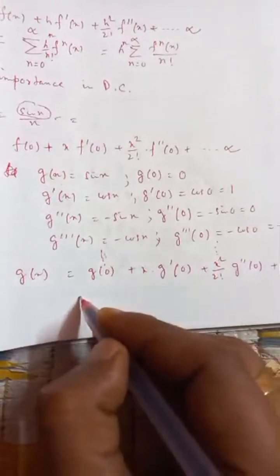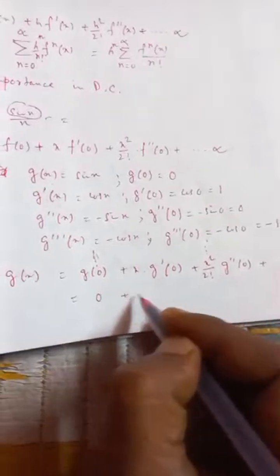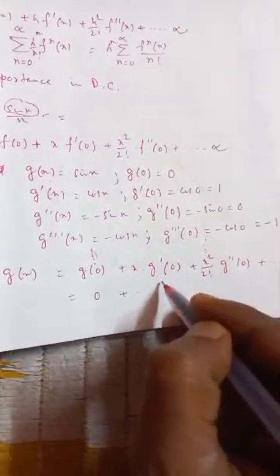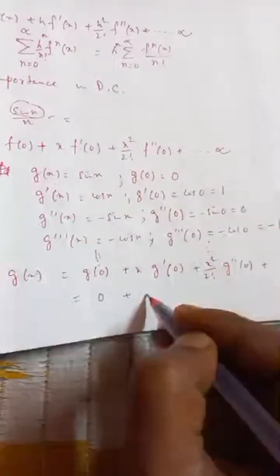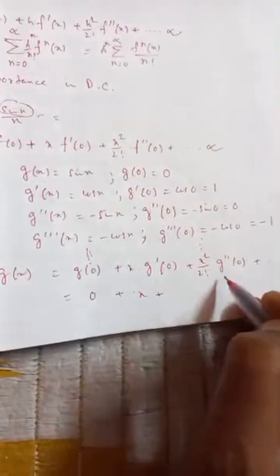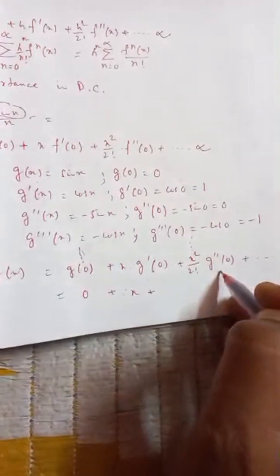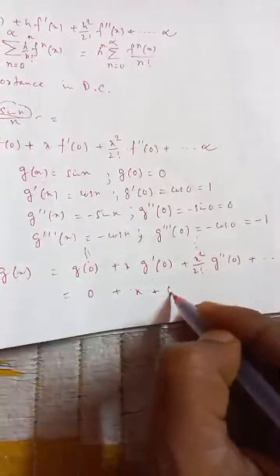Now g(0) is equal to 0, plus x times 1, so this will be x, plus the second derivative at 0 is 0, so this will be 0 again.